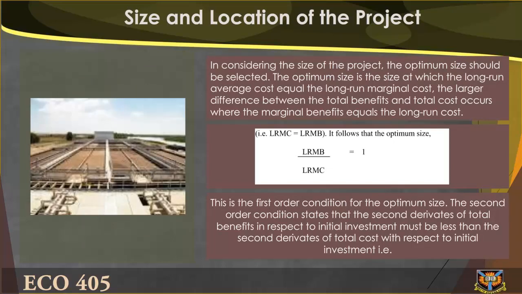Size and location of the project. In considering the size of the project, the optimum size should be selected. The optimum size is the size at which the long-run average cost equals the long-run marginal cost. The largest difference between the total benefits and the total cost occurs where the marginal benefit equals the long-run marginal cost.